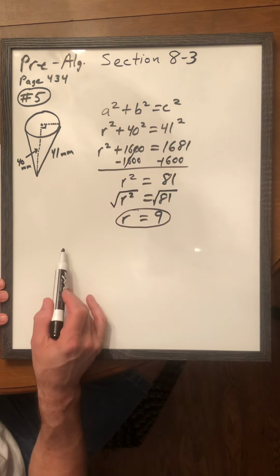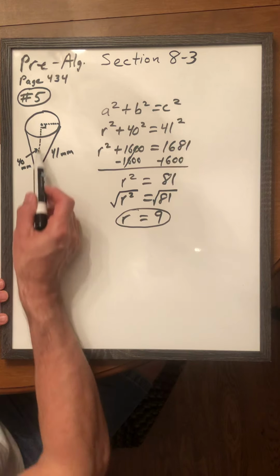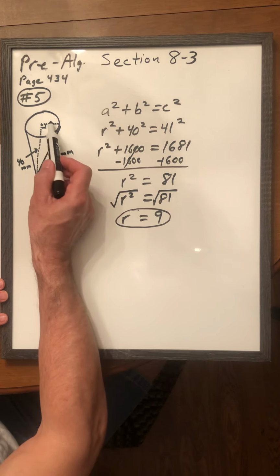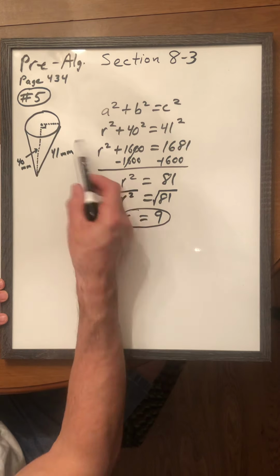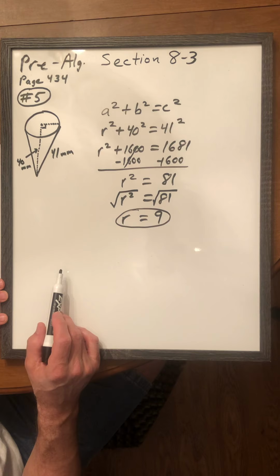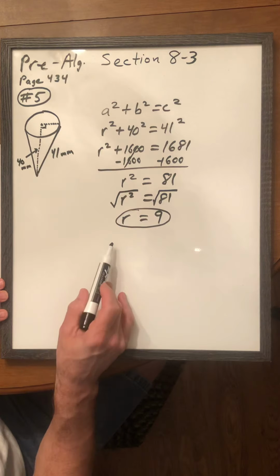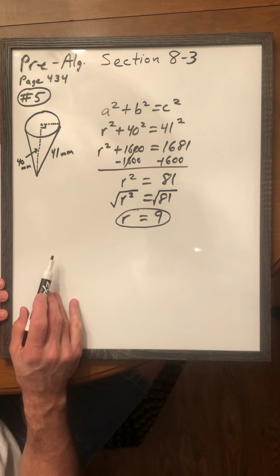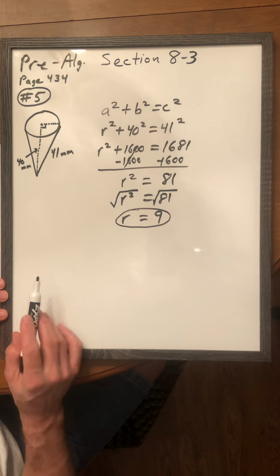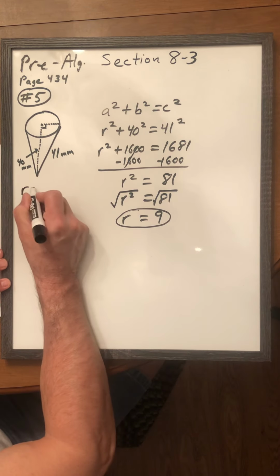Sometimes they'll give you the radius and the height, and you can go right to the volume formula. But on this particular one, we had to use the Pythagorean theorem to find the radius first.